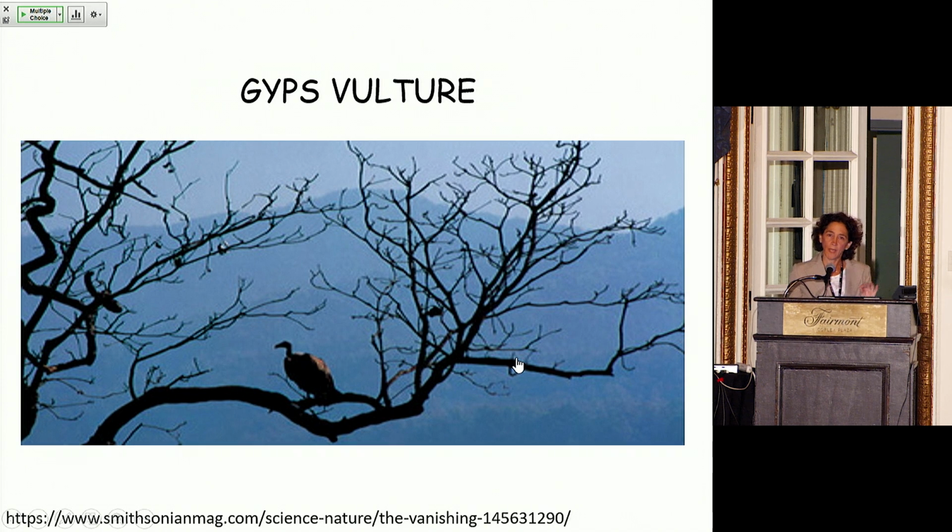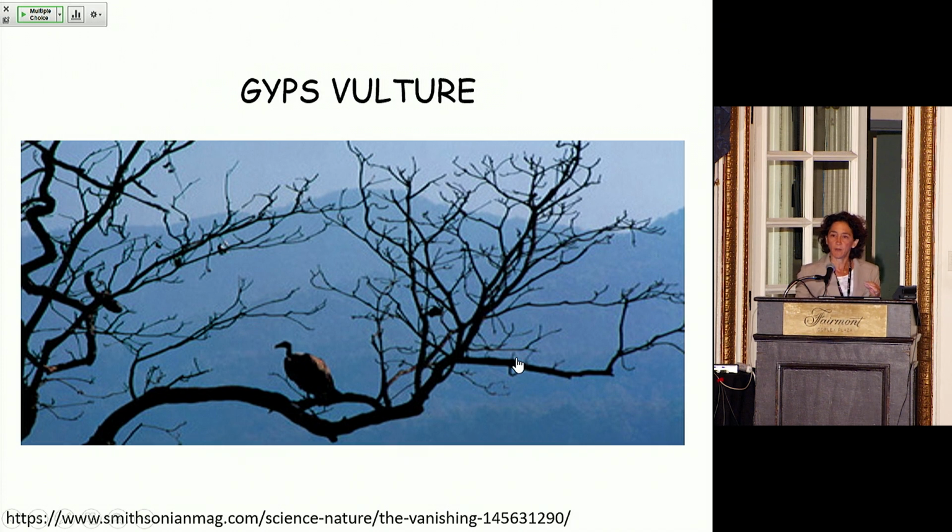And around 1990, the vulture population plummeted. And because it plays such an important part of the life cycle, suddenly feral dogs were increasing in number, and this was a really big problem in the area, and they could not figure out why the vultures were declining so drastically in population, so they were almost endangered.